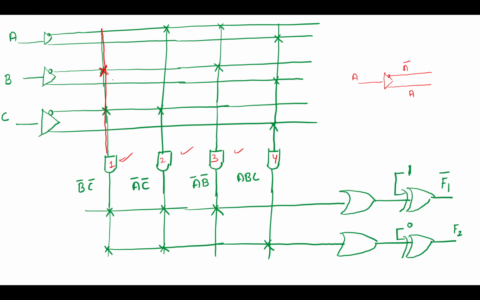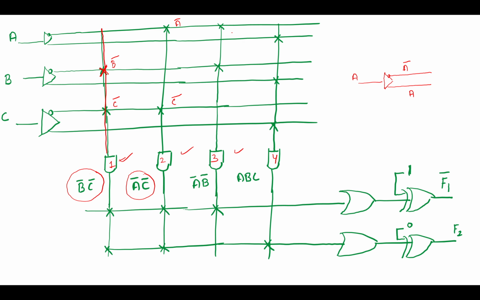Okay, because we need b here, b bar here, and we need c bar here. And after that, this AND gate takes the product of b bar and c bar. Okay, similarly this is a bar and this is c bar. So this AND gate takes the product of a bar and c bar.